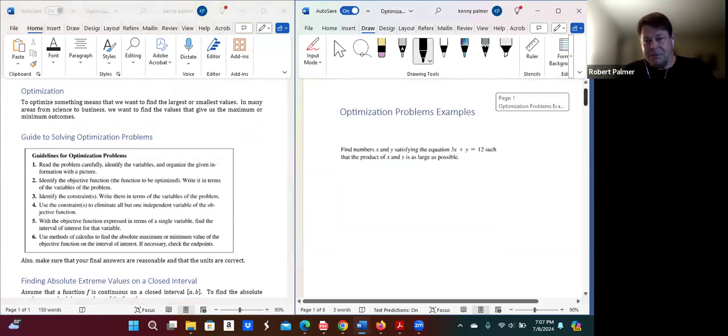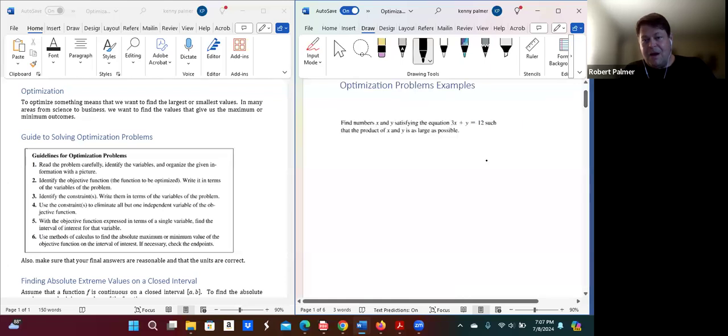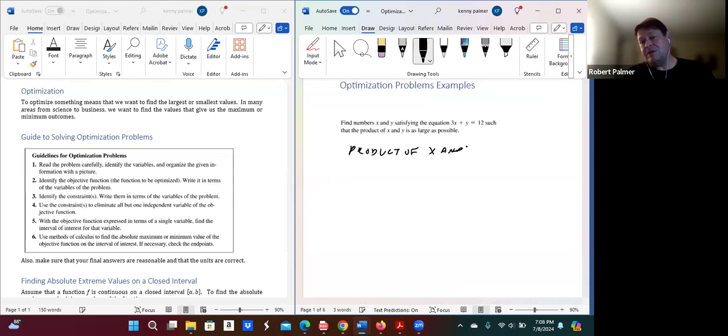This one says, find the numbers x and y satisfying the equation 3x + y = 12, such that the product of x and y is as large as possible. Okay, so the product of x and y, remember product means multiplication, so let's call that P, and that's going to be just x times y.